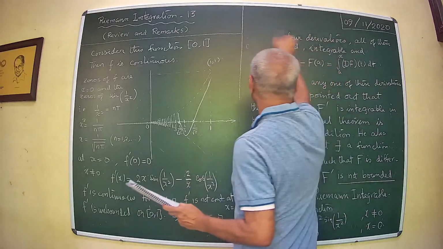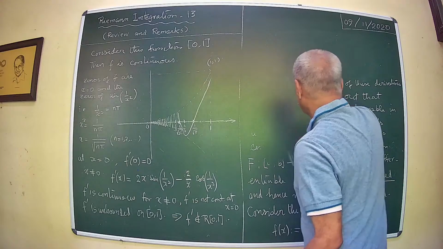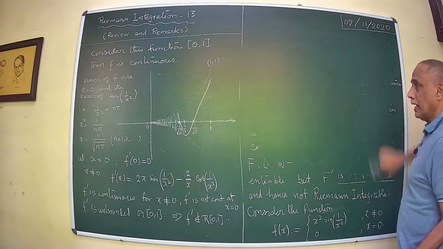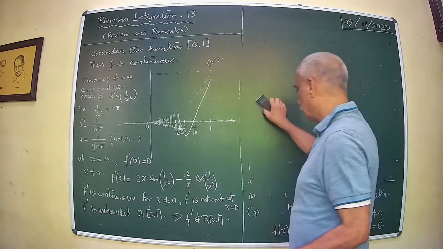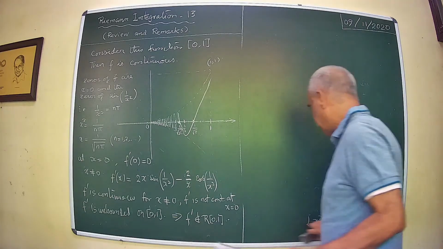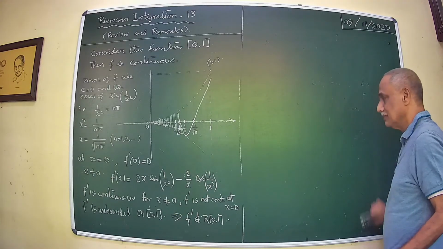It's fascinating. So where have we reached? We have reached a place where capital F is well defined, but f derivative is not Riemann integrable.